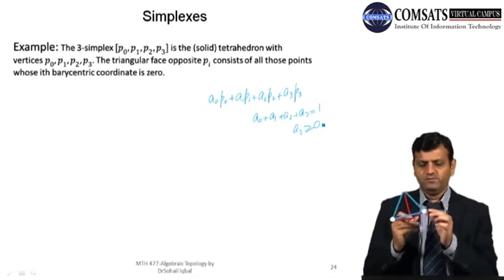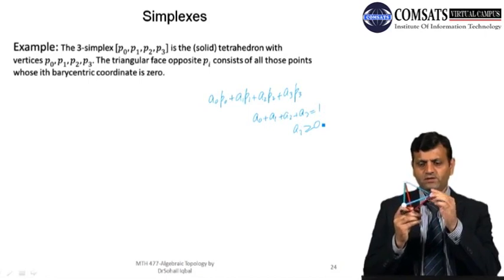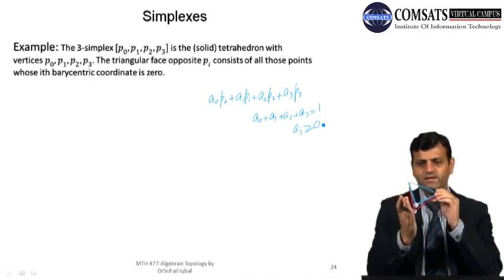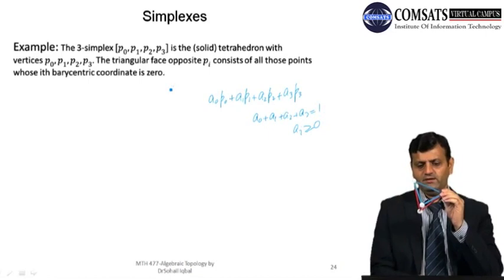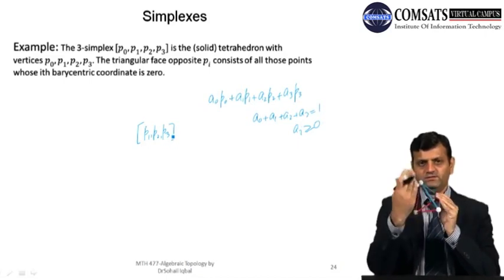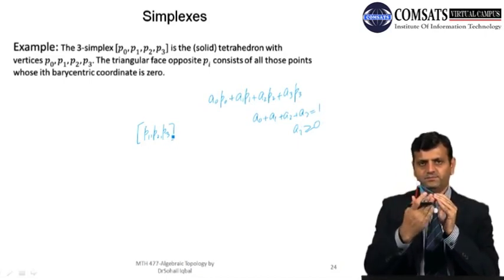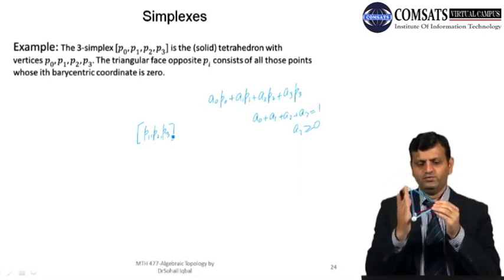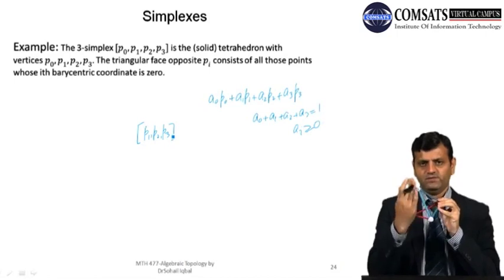If this point is P0, then this face is basically generated by P1, P2, P3, and it's a triangle. We have seen that a simplex generated by 3 points is a triangle, so it's a solid triangle. We can say that it's a 2-face because it is a two-dimensional face. Similarly there are other faces as well.